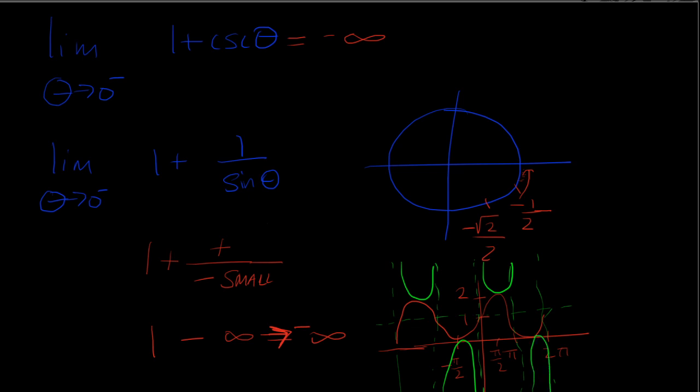Something like that. And I'm approaching, let's see, 0 from the left. So 0 from the left, that's going to be down here. And you see that's going down to negative infinity. So my limit is negative infinity. Okay.